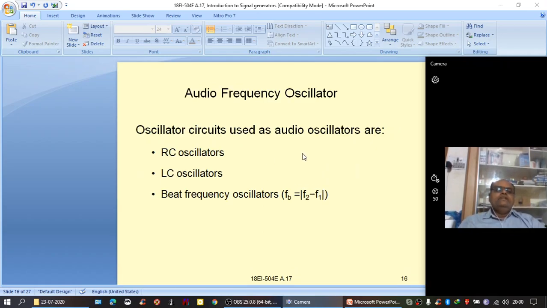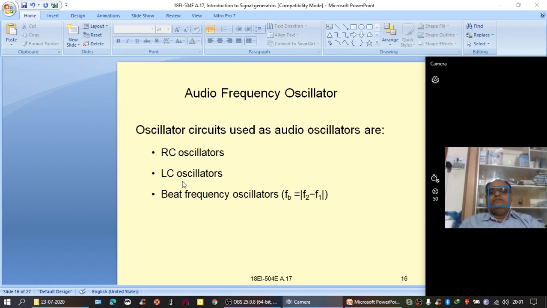Next, audio frequency oscillators can be mainly of three types. One is RC oscillator, that is resistor capacitor oscillator. In the oscillator circuit, we use only resistors and capacitors. The second one is LC oscillators, inductor capacitor oscillators.